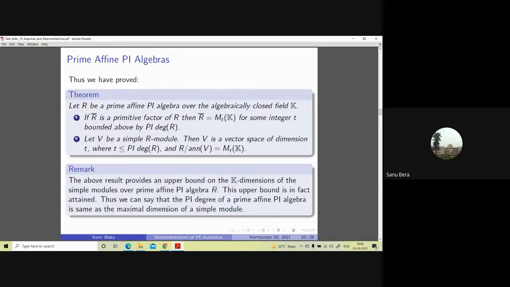We will see it later in an example. Thus we can say that the PI degree of R is the upper bound of that T, and since this upper bound is attained, we can define the PI degree in this way: the PI degree of R, where R is a prime affine PI algebra, is the maximal dimension of its simple modules.